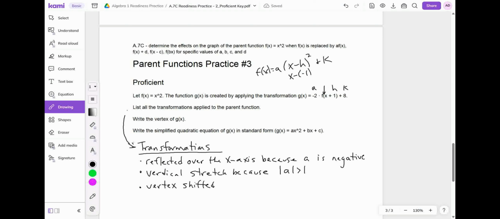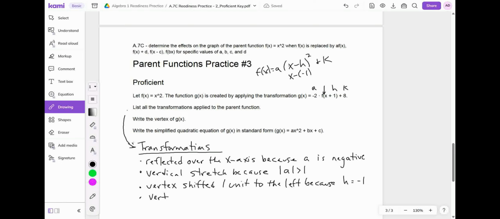So that h is automatically negative, so it ends up being positive. You end up having a negative because two negatives make a positive. So that's the tricky part with the h. So it's shifted 1 unit to the left, because this is not a anymore. This is h equals -1.